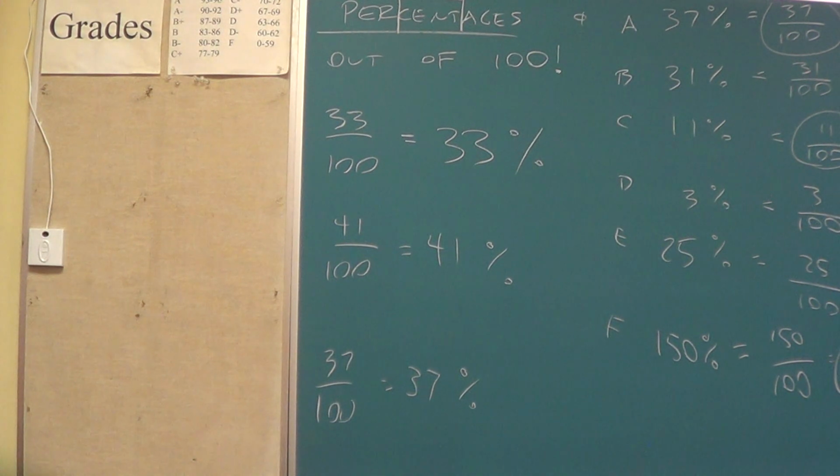D is good, because 3 can't evenly go into 100 on its own, and 3 is another prime. I used a lot of prime numbers today, just so they wouldn't reduce. B is good or bad? It's good. 31's another prime. 31 evenly can't go into 100, so it's just sort of stuck there.